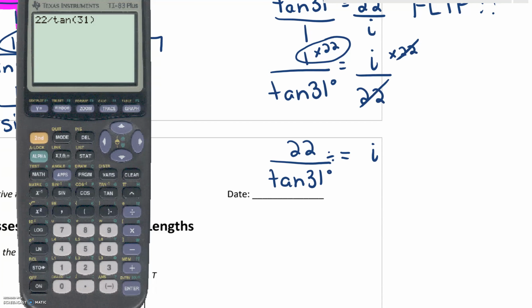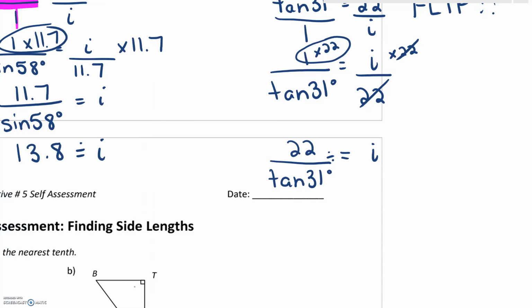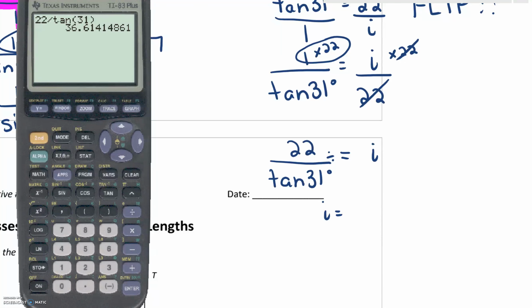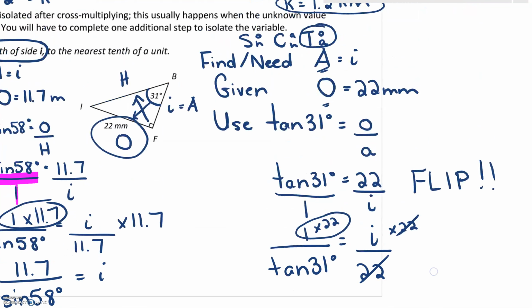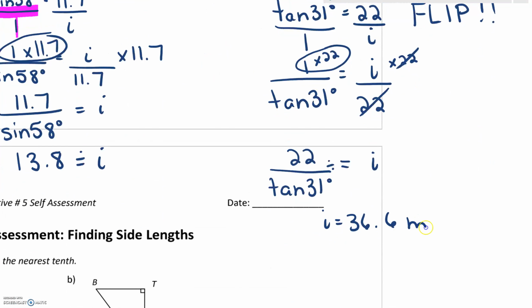Make sure you're typing it exactly as is, close your bracket, press enter, and that means that I is equal to 36.6, and the units in this case are in millimeters. So that's what I equals. Again, don't forget to divide. Make sure that you're dividing by the tan of 31, not just by 31, because tan of 31 is a decimal.